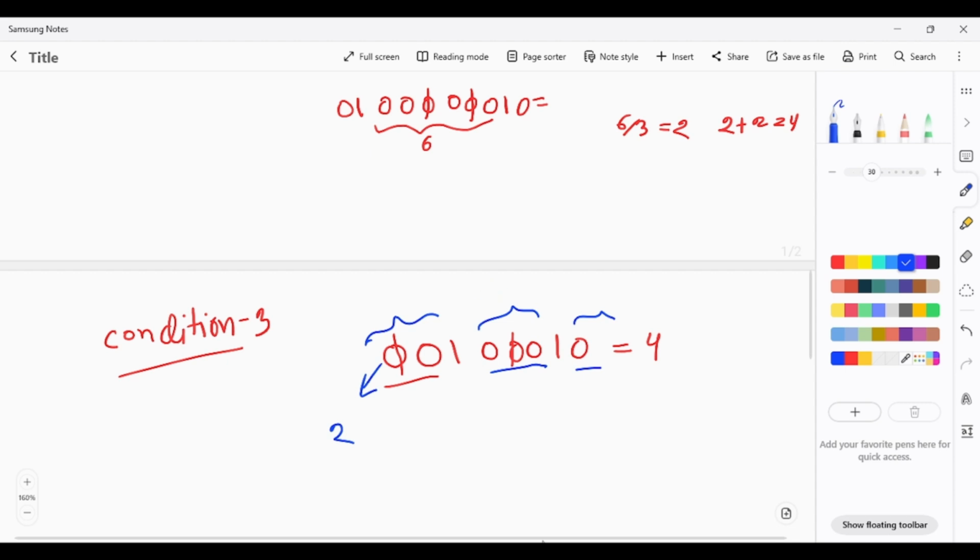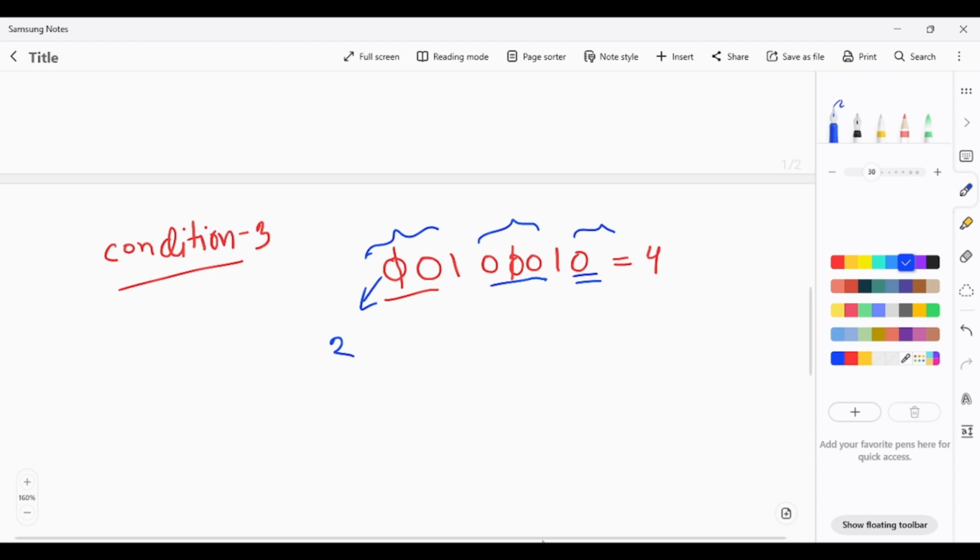If the number is 1, then we don't have to add one more student. But if the number is 2 and this number is not divisible by 3, then we have to add one more extra student here. Let's take another example to understand this better, like 0 0 0 1 0 0 0 1 0.